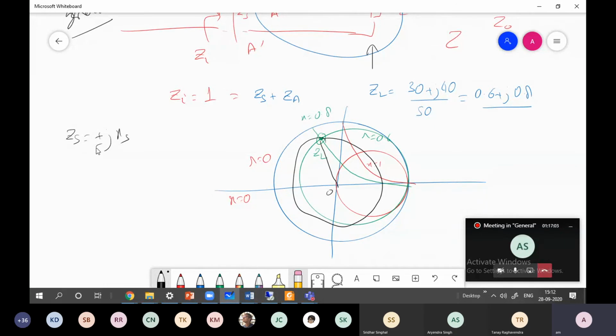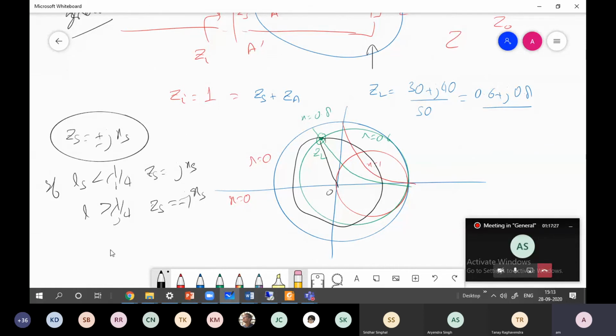If your length LS is less than lambda by 4, ZS will be plus JXS. If LS is greater than lambda G by 4, it will be minus JXS. So it will have this form.